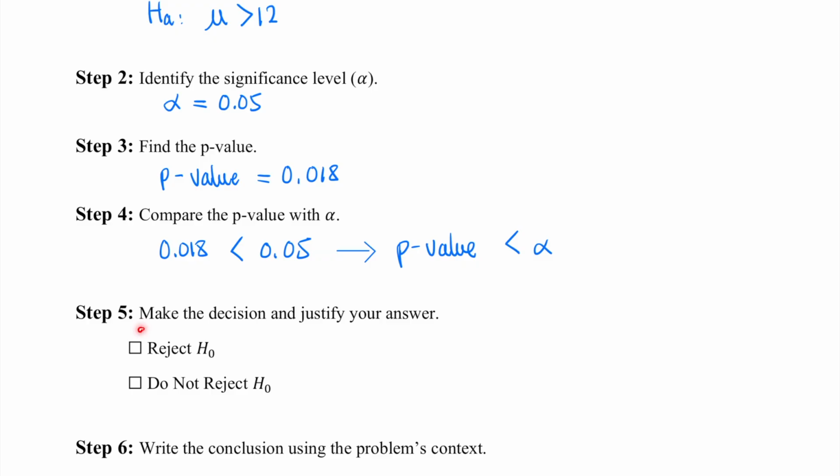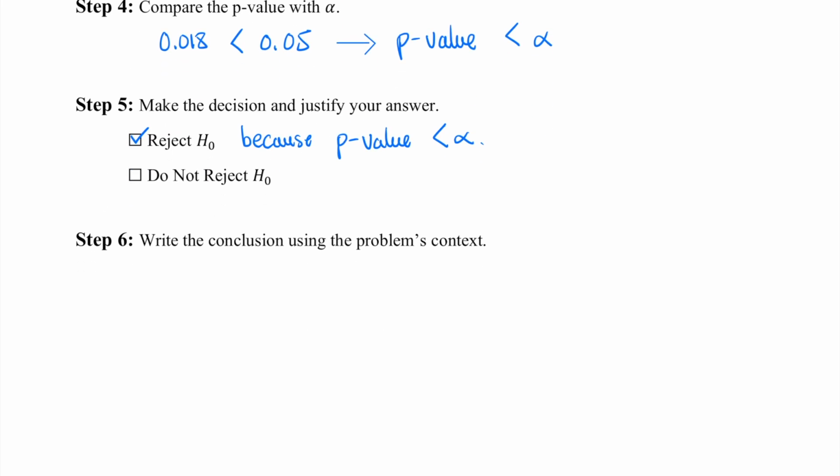Step 5, make the decision and justify your answer. Since p-value is less than alpha, we reject H0. Now, we write the conclusion using the problem's context. Before writing anything, ask yourself, what is the problem asking?